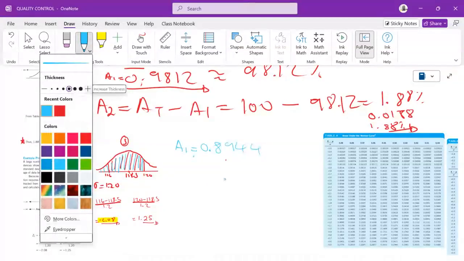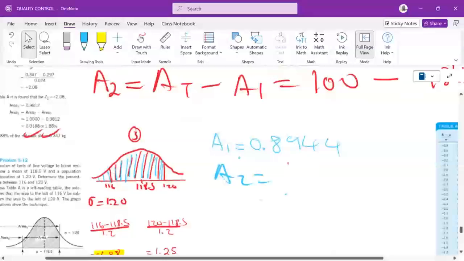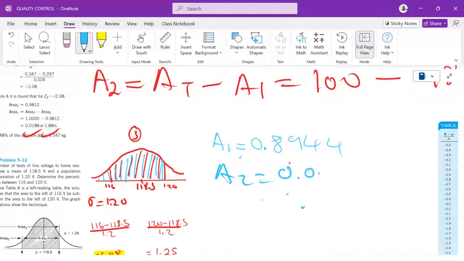89.44. And then that other one is 0.0188. But I did mention that from 0 to here, that's where you get your 89%. So you need to subtract the two so that you can get only the area there.